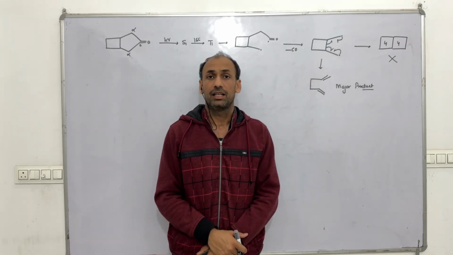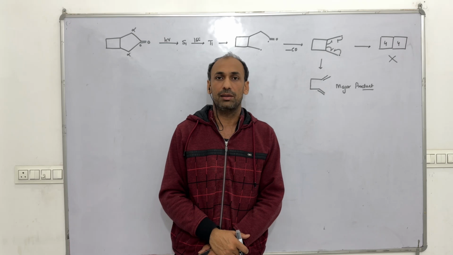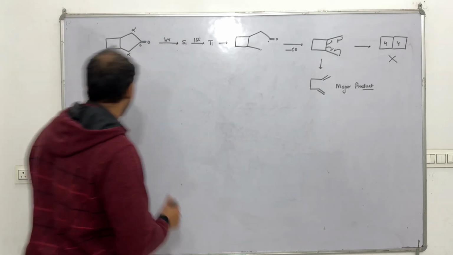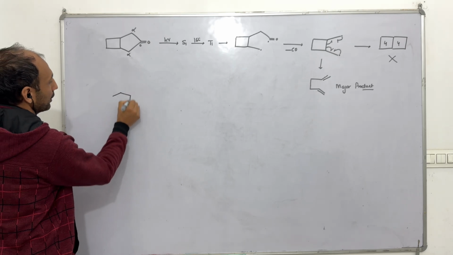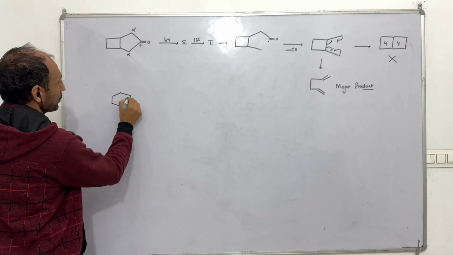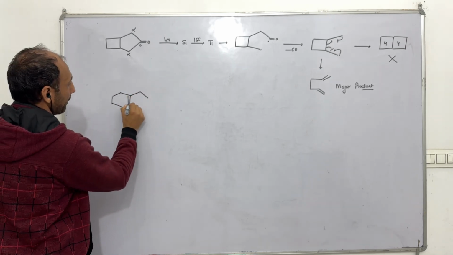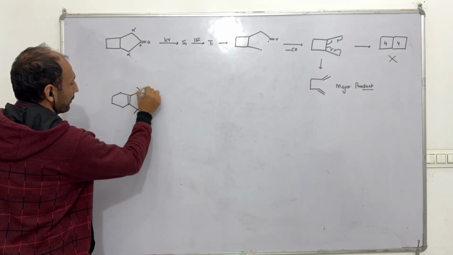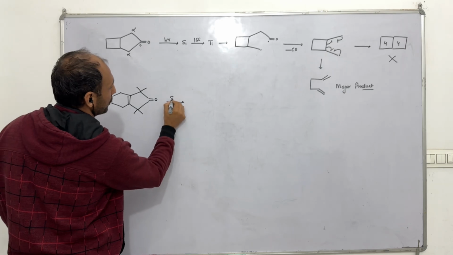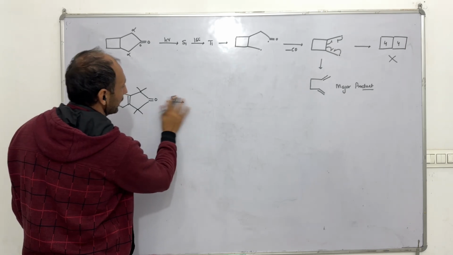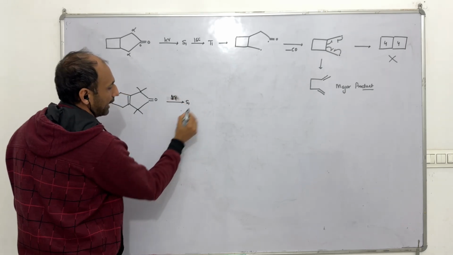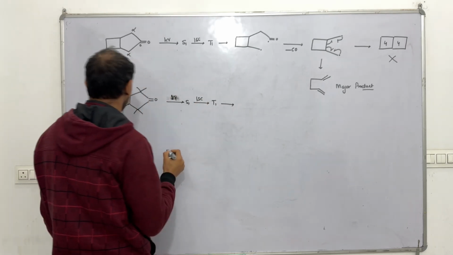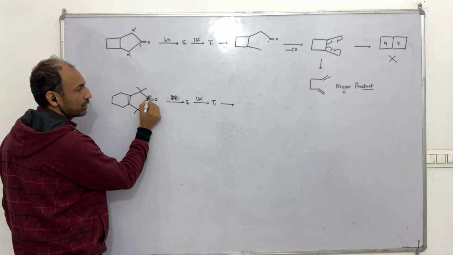Now let's discuss one more example of a very similar type. Very similar. So light, S1, ISC, T1, and this is C=O.